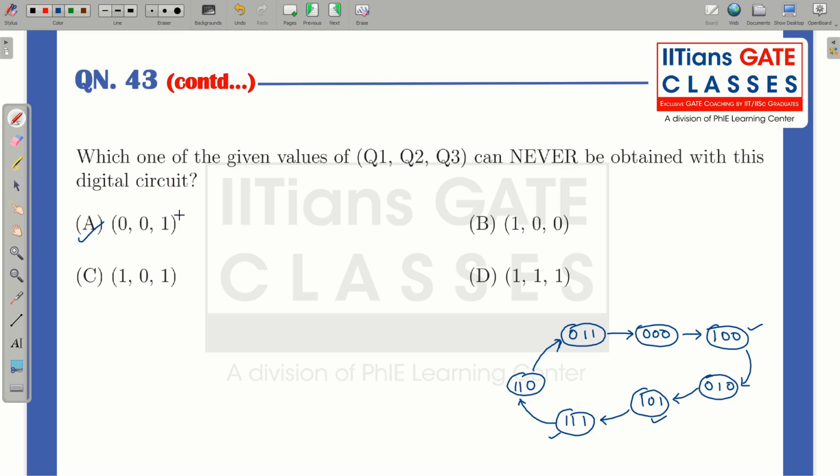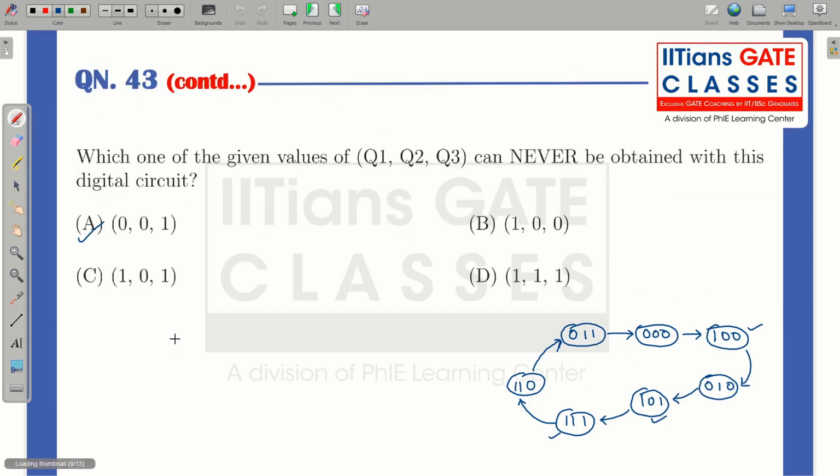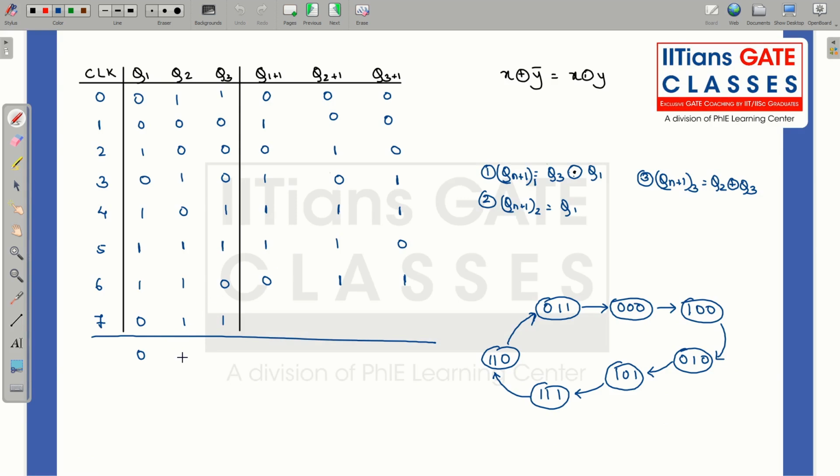Suppose in the same question, it was asked whether, if we start from 001, can we go into any one of the used states. So let us check that. Suppose I had initialized this counter with 001, so what would have happened? 001. So next state will be what? Q1 plus 1 will be XNOR of these 2, so that will be 0.